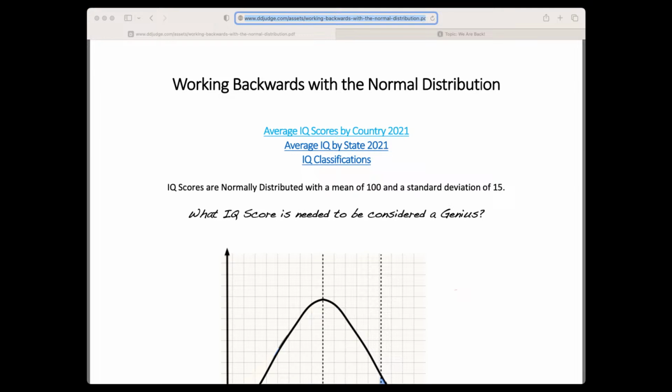We're going to work backwards, so I'll download the sheet.